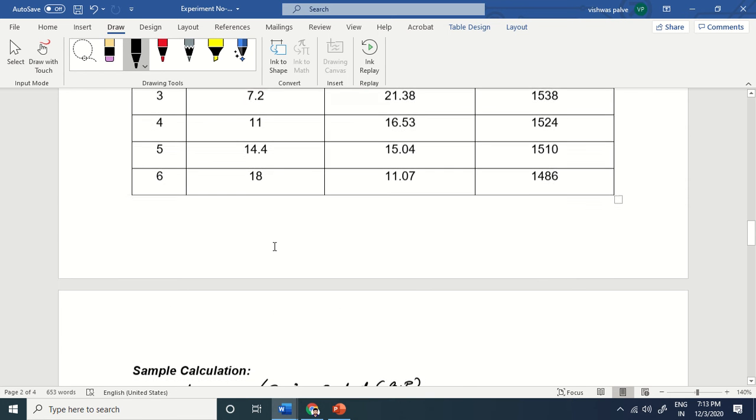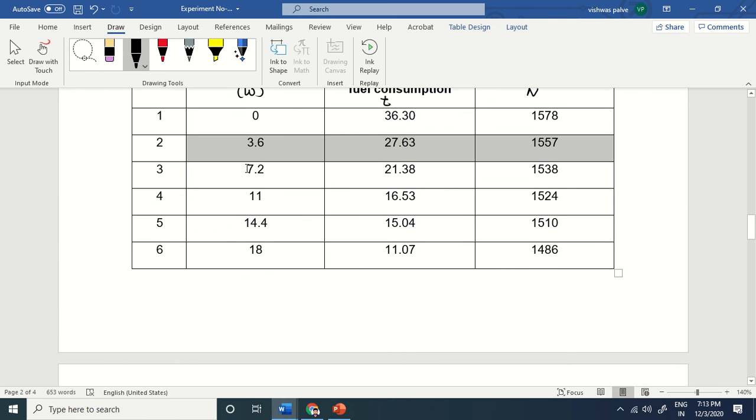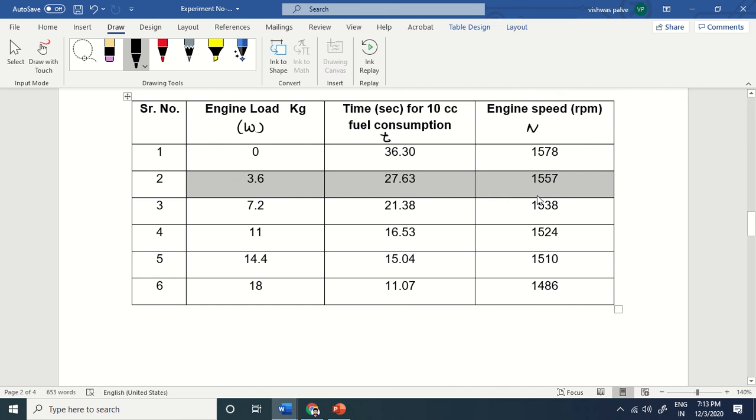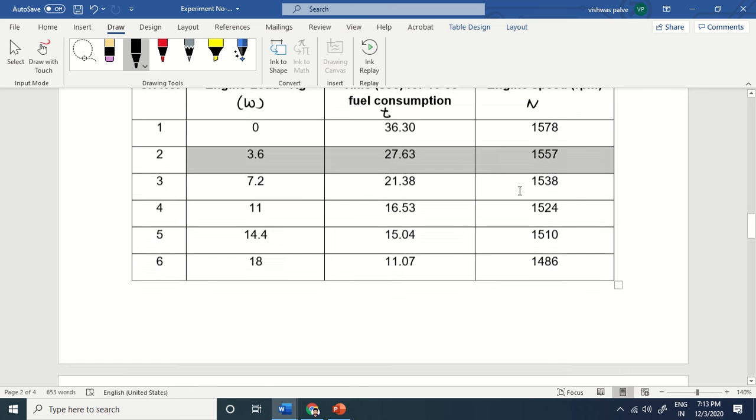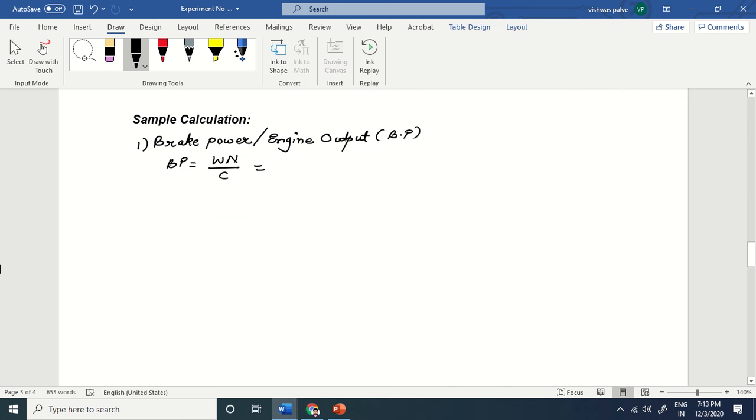In the second reading, the load on the engine is 3.6 and the engine RPM is 1557. So the load 3.6 multiplied by engine RPM 1557 divided by the engine constant, or brake dynamometer constant we can say, and that constant for the water brake dynamometer is 2682.